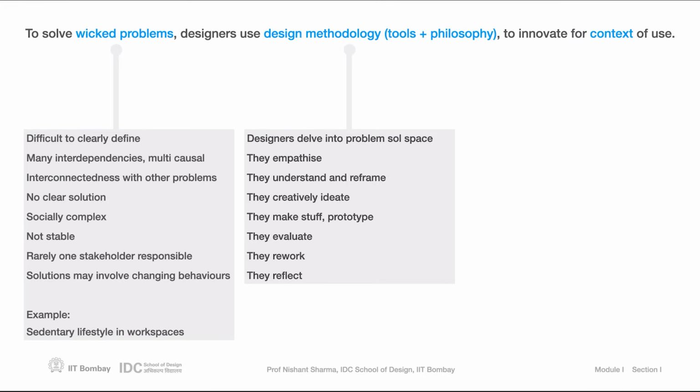These characteristics make design problems inherently complex and difficult to solve in a traditional linear problem solving approach. Designers often employ creative thinking, collaboration, and empathy to navigate these challenges and arrive at effective solutions.